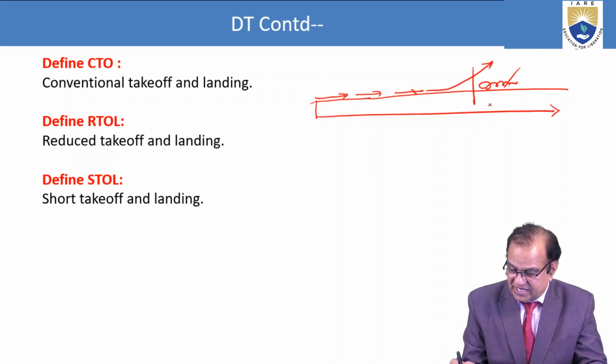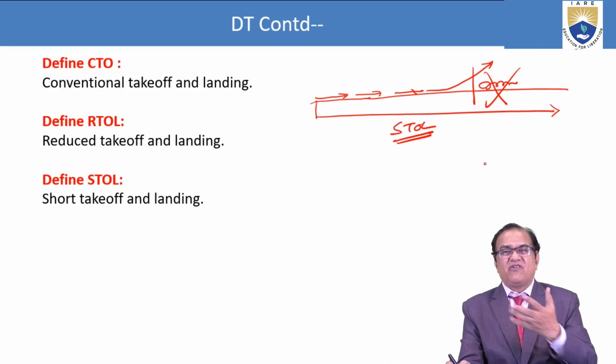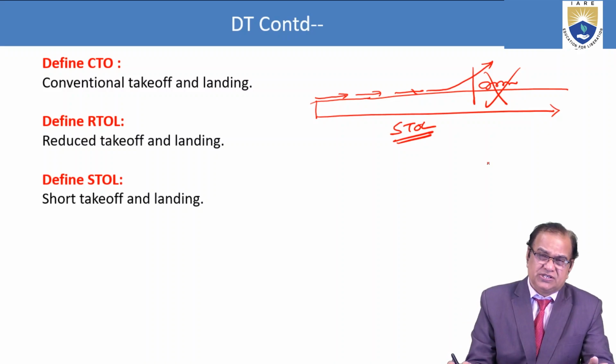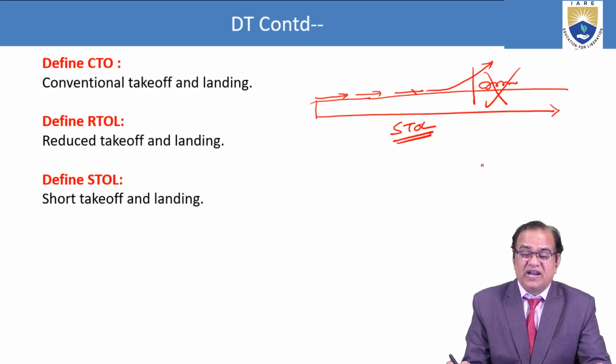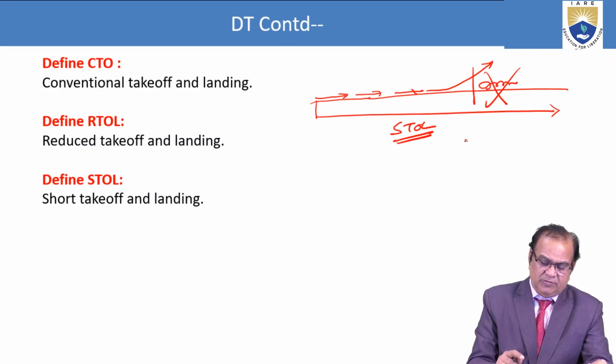It is not reaching here. That is called the STOL, short takeoff and the landing, especially for shipborne aircraft carrier fighters which are used. Short takeoff and the landing, reduced takeoff and the landing, these all terms are used for that purpose.